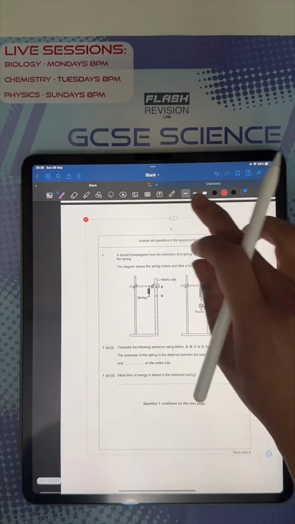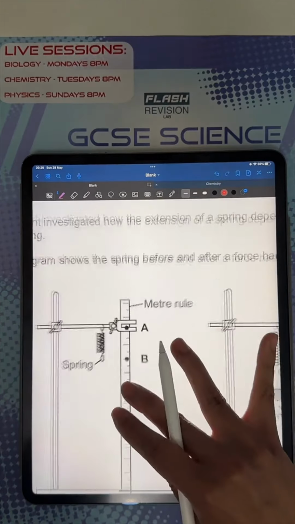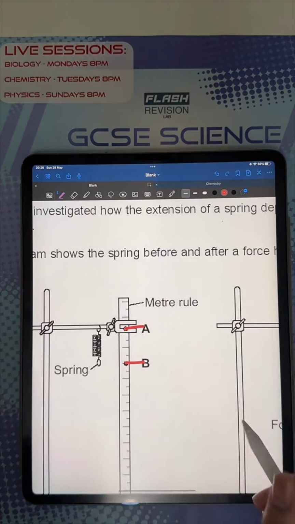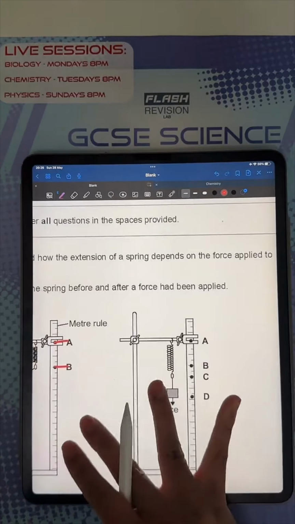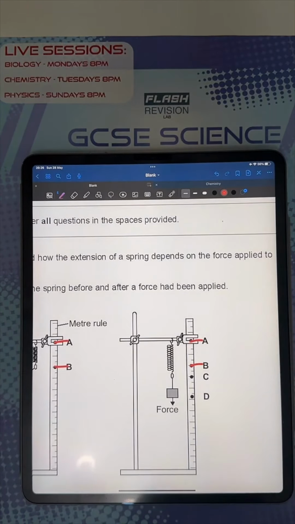Move this back up here. So original length from here to here. So original length here is from A to B. That's not the extension then. Extension would be, what do you guys think?